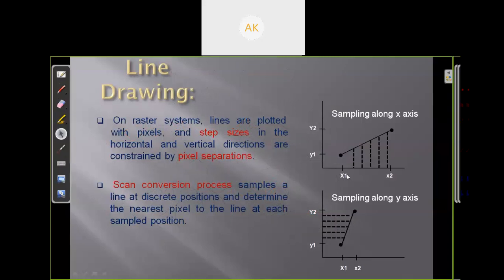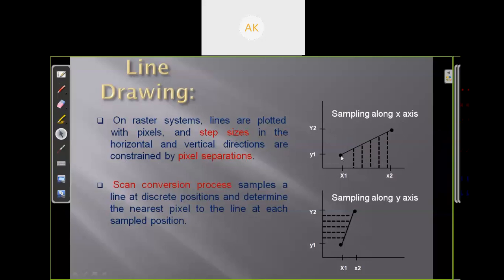Here it is given: in a raster scan system, lines are plotted with pixels, and step sizes in the horizontal and vertical directions are constrained by pixel separation. Here there is sampling along the x-axis and y-axis.